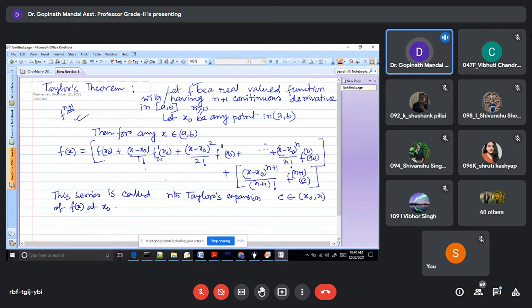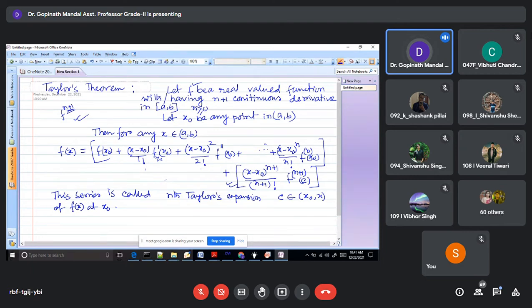So f(x) equal to f(x0) plus (x minus x0) by factorial 1 f dash x0 plus (x minus x0) squared by factorial 2 f double dash x0, and so on. The last term is (x minus x0) to the power n by factorial n, f nth derivative at the point x0, plus these terms.